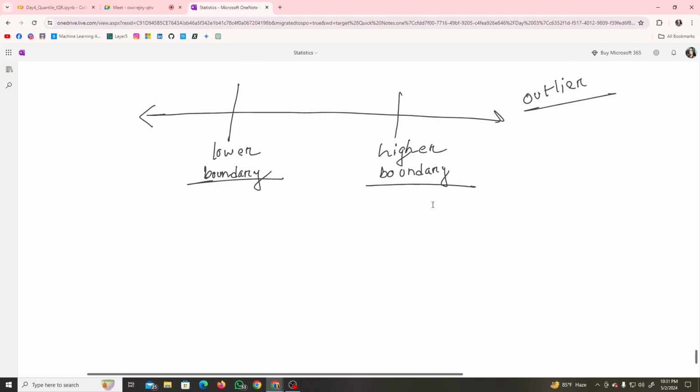The formula of lower boundary is Q1 minus 1.5 into IQR, and the higher boundary's formula is Q3 plus 1.5 into IQR.